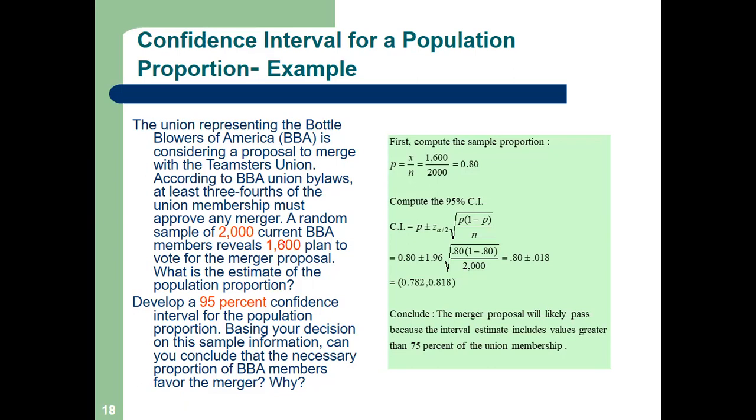All of you please go through the problem. Let us understand. Confidence interval for a population proportion. It's an example. All of you go through the problem.